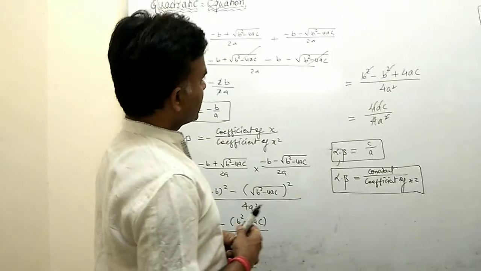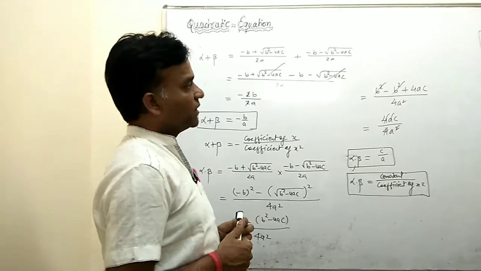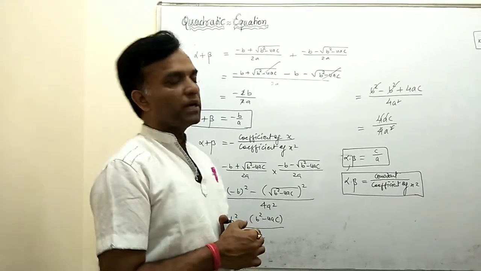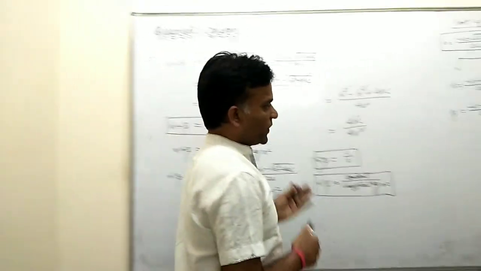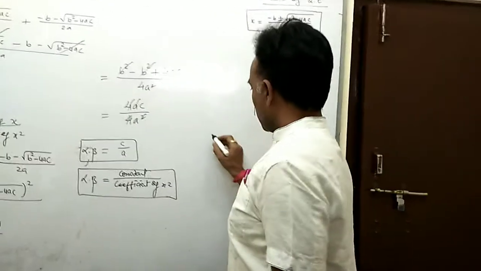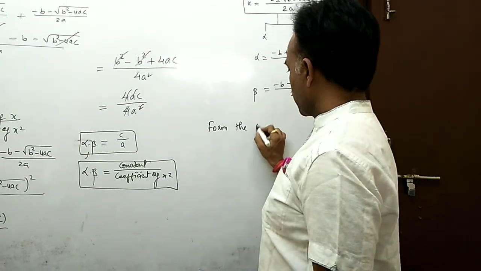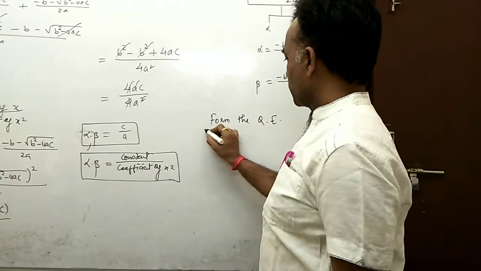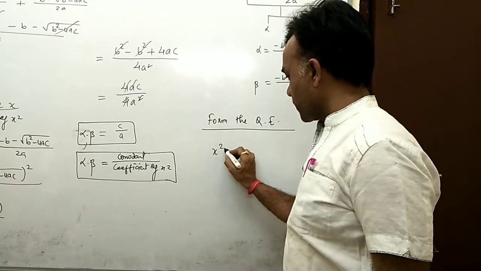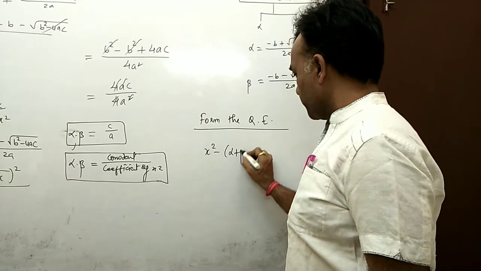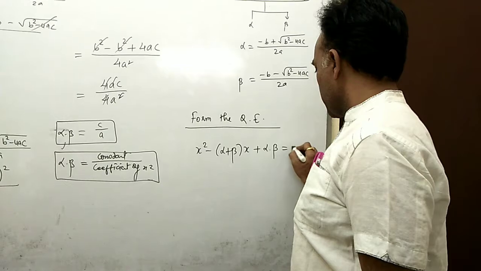So this is the basic requirement of any quadratic equation, because we use it even when we frame quadratic equations. For the quadratic equation, the formula is x square minus (alpha plus beta) of x plus alpha into beta equal to 0.